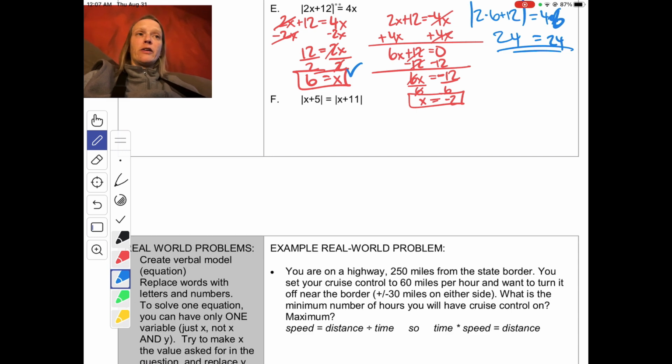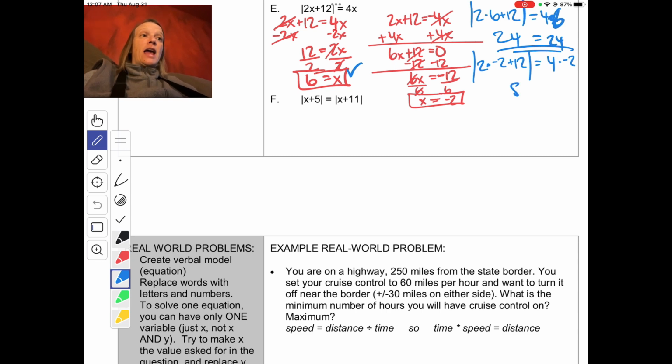Let's check our other value now. x equals negative 2. I'm going to plug that in everywhere I see x. So the absolute value of 2 times negative 2 plus 12 equals 4 times negative 2. I now have a situation where when I simplify the left-hand side, 2 times negative 2 is negative 4, plus 12 is 8.